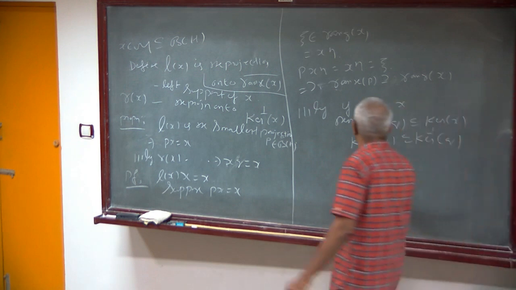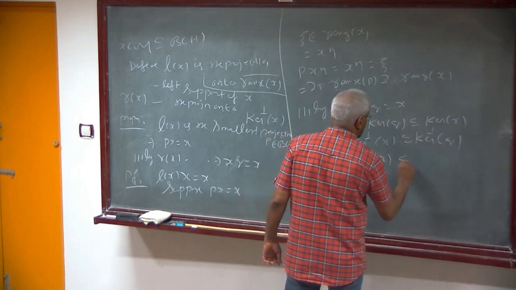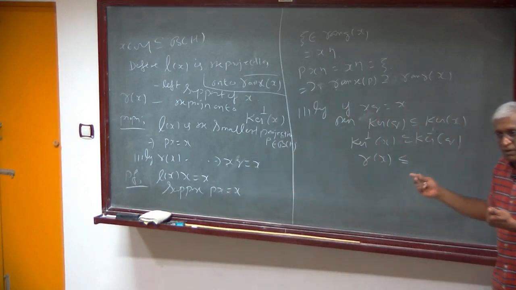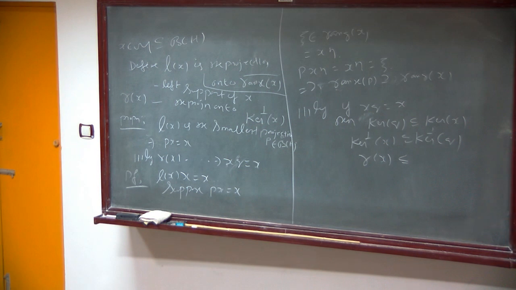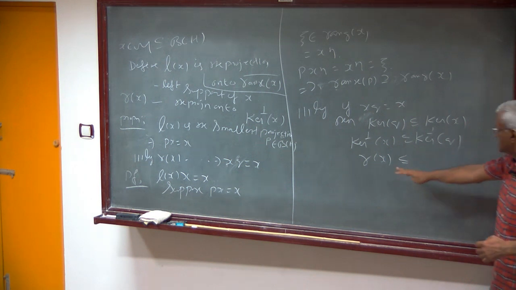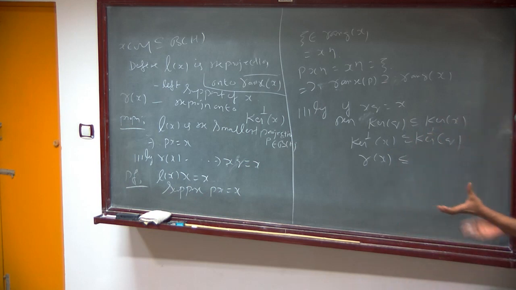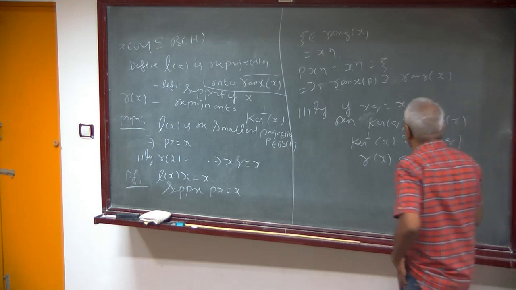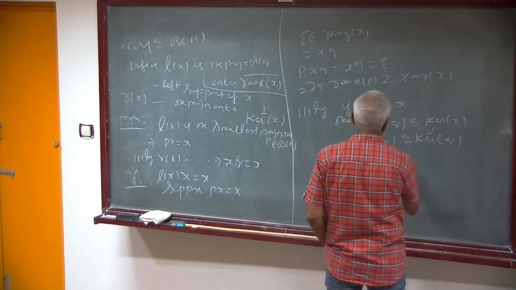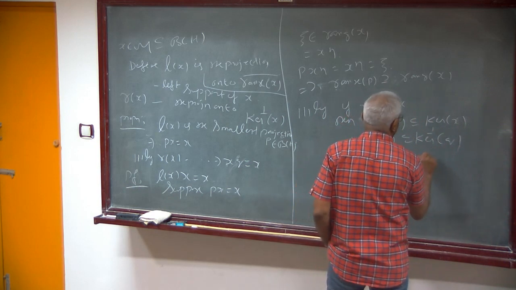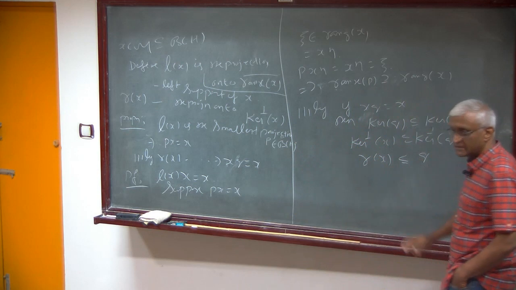So this implies R of X is smaller than or equal to Q. For projections we have a partial order from positive operators. Projections are positive operators, and this partial order is the same as range containment: the range of P1 is contained in the range of P2 if and only if P1 is smaller than or equal to P2 as positive operators. So R of X is smaller than or equal to Q. Okay, so all these things are the same.